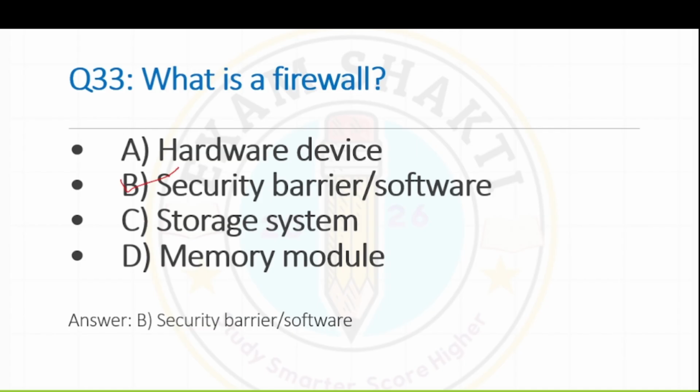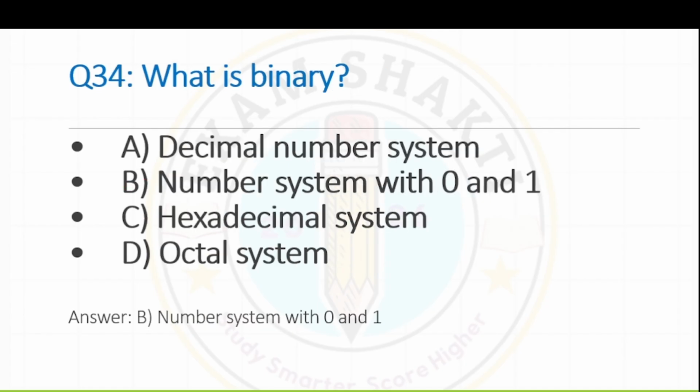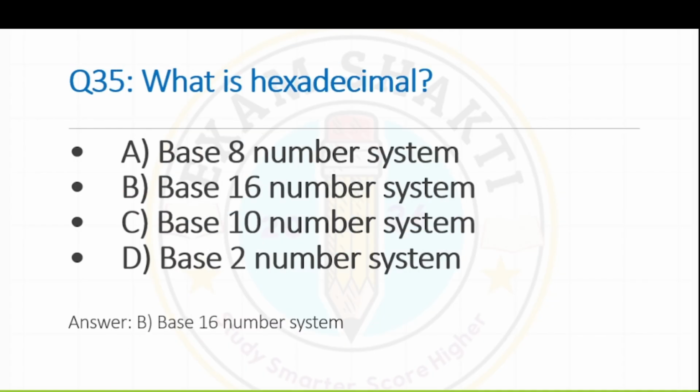Answer B, security barrier or software. What is binary? Decimal, number system with 0 and 1, hexadecimal system, octal system. Answer B, number system with 0 and 1. What is hexadecimal? Base 8, base 16, base 10, base 2. Answer B, base 16.